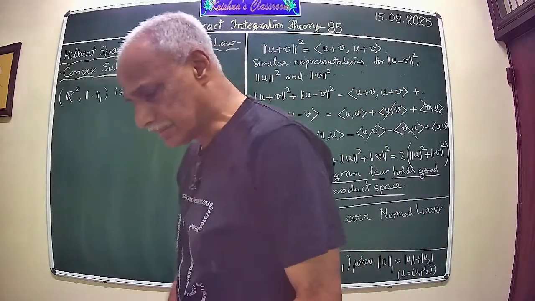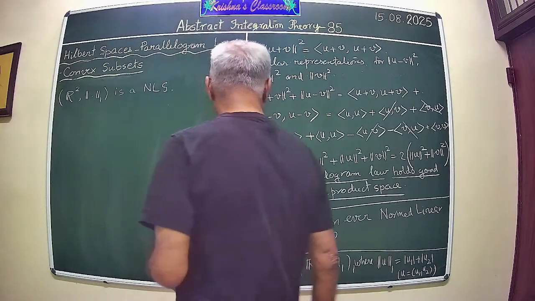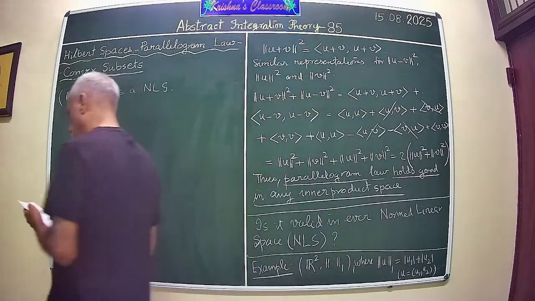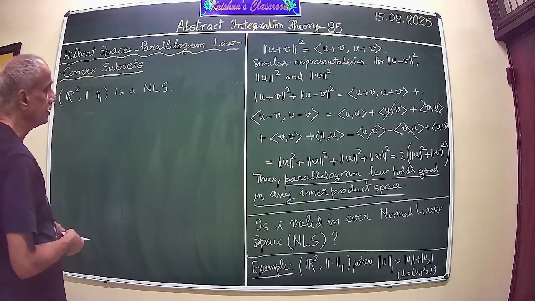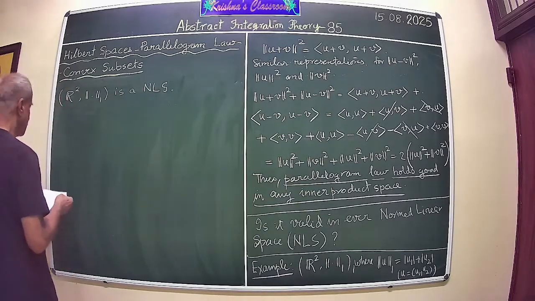Now let us show that this parallelogram law fails to hold in R2 with norm 1. Okay.